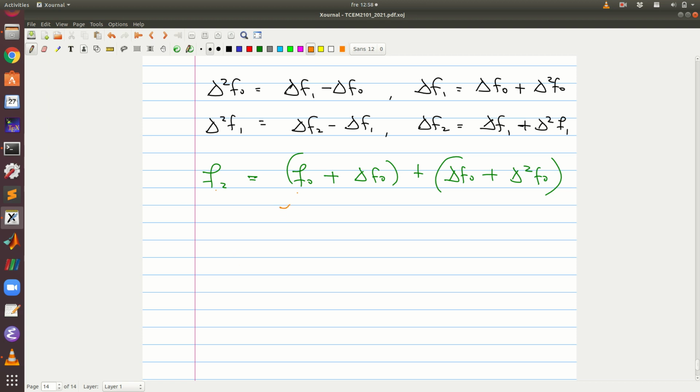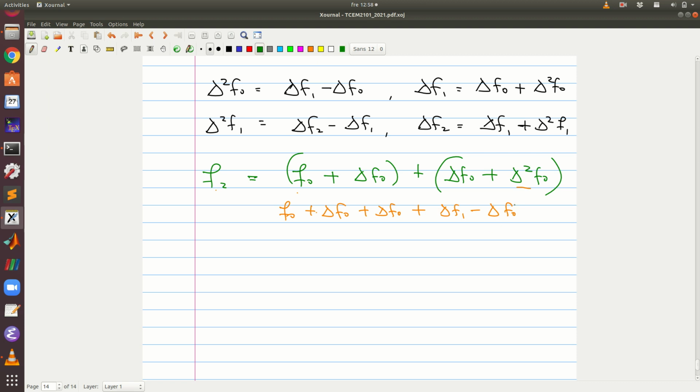So we have f0, then plus the forward difference at f0 plus the forward difference at f0, and then we know that the second forward difference at f0 can be written as the forward difference at f1 minus the forward difference at f0.